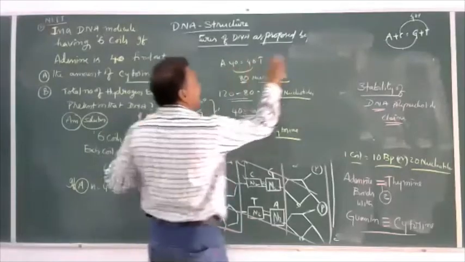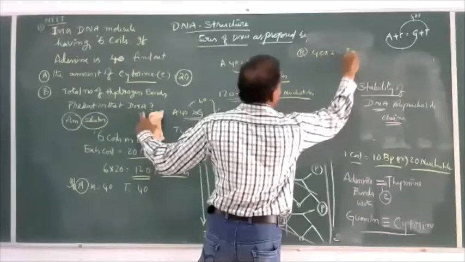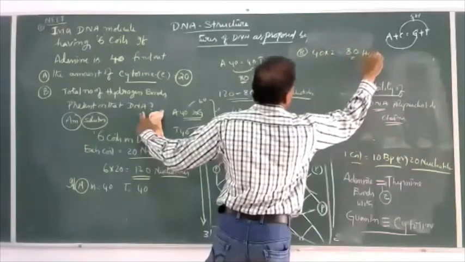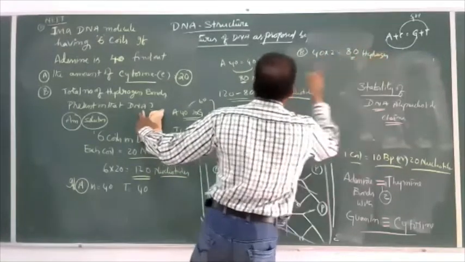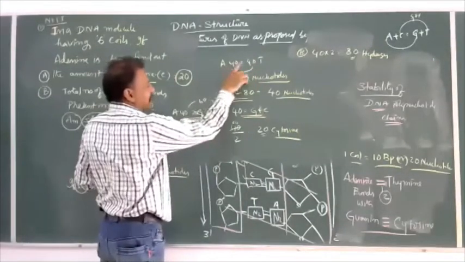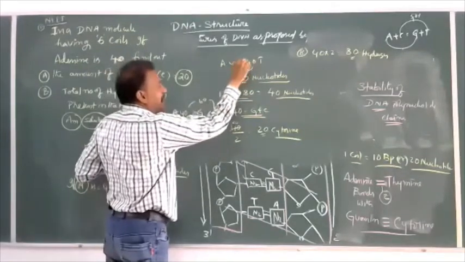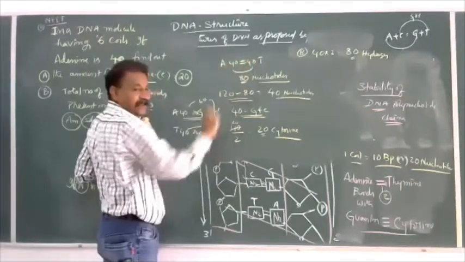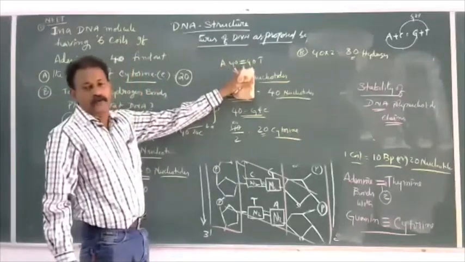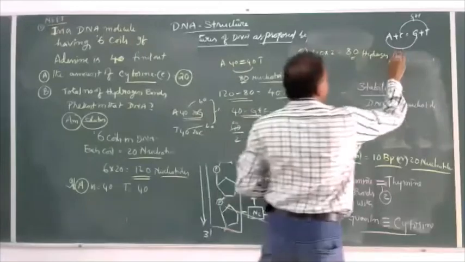So 40 into 2, 80 hydrogen bonds in between A and T. 40 adenines, 40 thymines. Each bonds with 2 hydrogen bonds, no? 80. 40 into 2 hydrogen bonds, 80 hydrogen bonds between A and T.